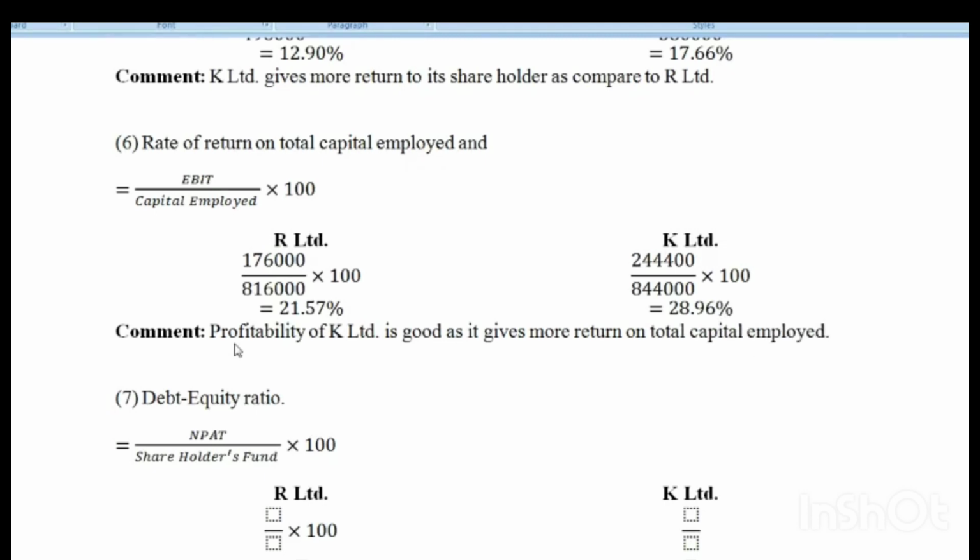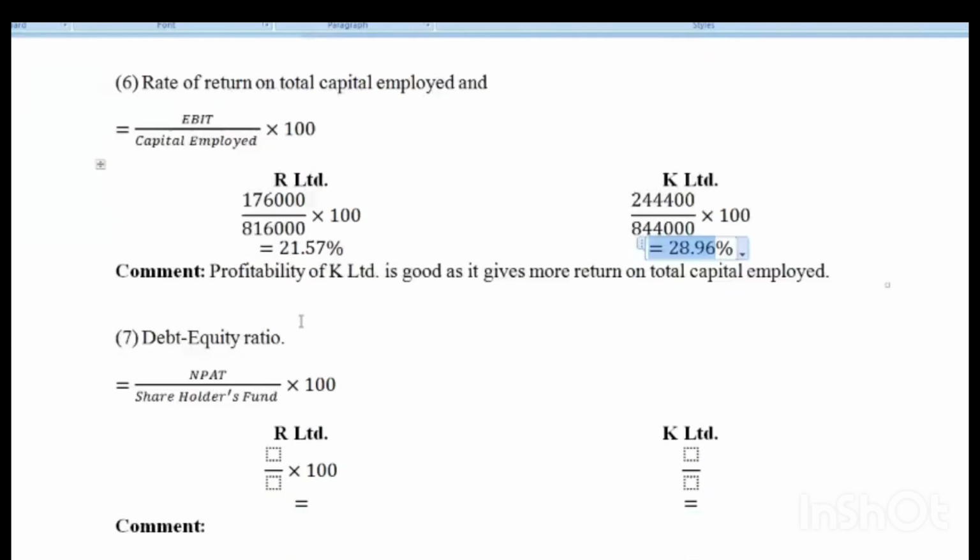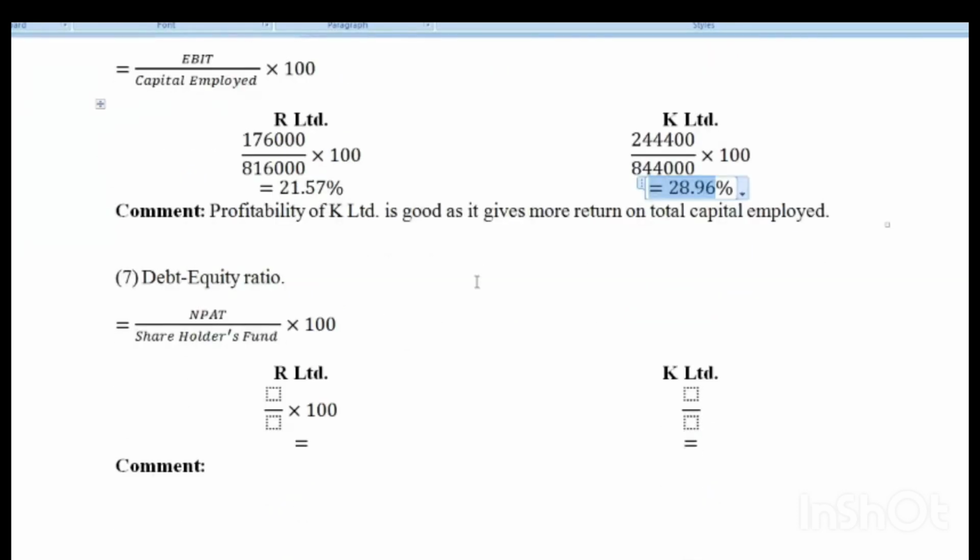Capital employed means invested capital. On the invested rupees, K Limited's return is higher as compared to R Limited. So again, K Limited is better.